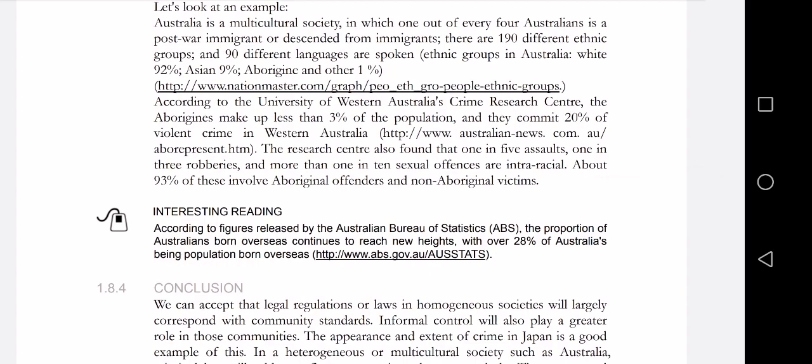Australia is a multicultural society in which 1 out of every 4 Australians is a post-war immigrant or descendant from immigrants.